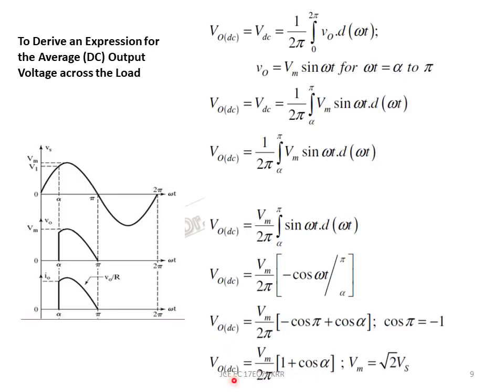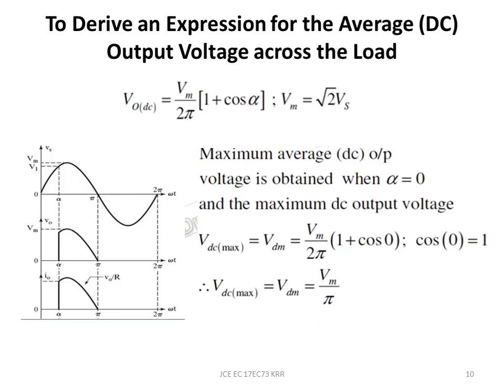So remember this formula and remember Vm is root 2 into Vs. So we have seen an expression for the average output voltage across the load, which is given by V naught DC equal to Vm by 2 pi, 1 plus cos alpha, where Vm is root 2 into Vs. Vs is the RMS value and this is the peak value or the maximum value of the sine.